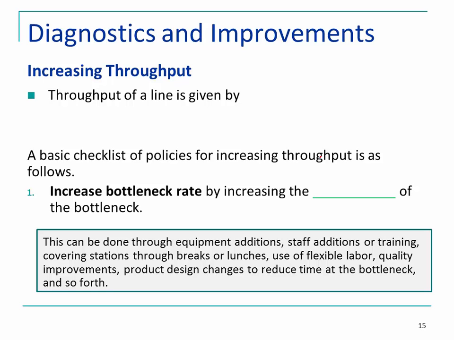So in terms of increasing the throughput of your system or the throughput of a line, that is going to be given by the first equation. So throughput is going to be equal to the bottleneck utilization times the bottleneck rate.